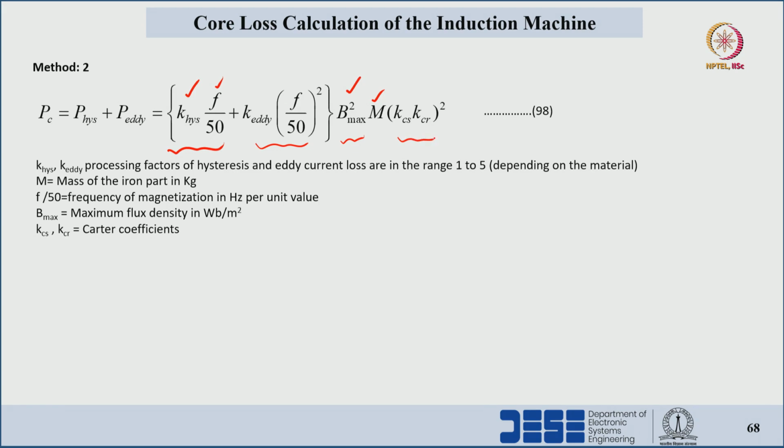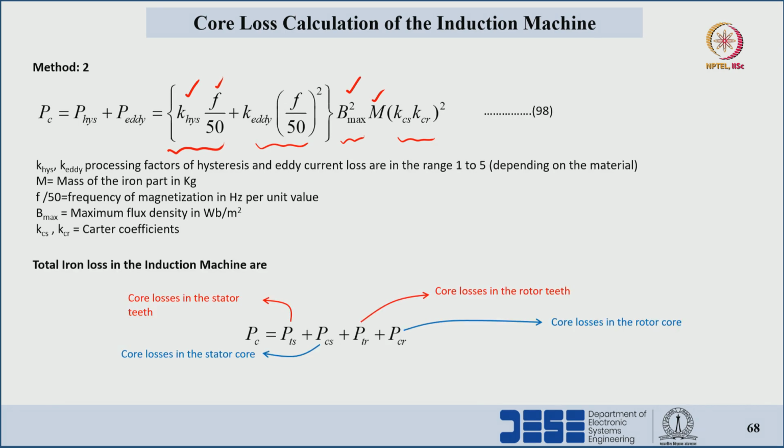We can see the same equation. Here Carter coefficients are considered to get the exact equivalent length of the material or length of the core. So, we will calculate the hysteresis and eddy current losses together for different parts of iron.